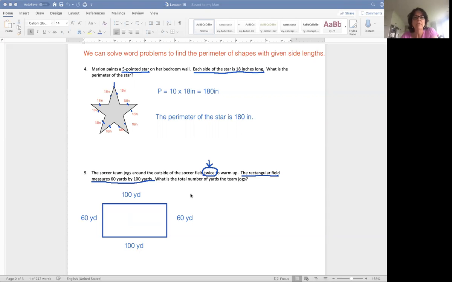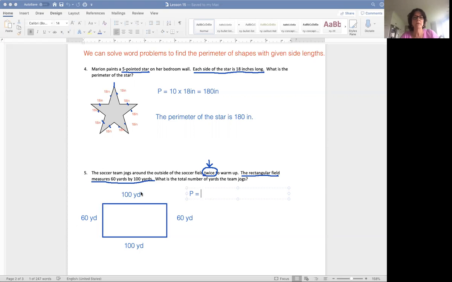All right, now we need our number sentence, and we remember we're going to start with P equals. So this is just a good habit to get into when you're finding perimeter, using the letter P and an equal sign. Just like when we did area, we used a capital A and an equal sign. All right, so let's first of all find the perimeter of this soccer field. So I could find the perimeter by adding.